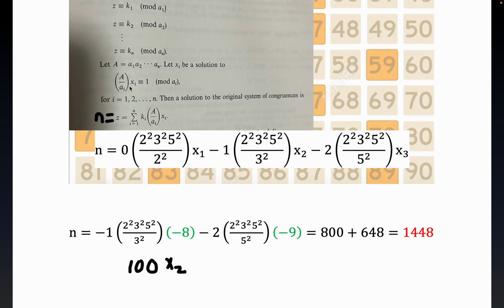Okay, you see, y'all, I'm looking directly at this object right here to find my x sub 2. We've already, 0 was this one, so it got wiped out, right? And so we're going to do 100 x sub 2 congruent to 1 mod 3 squared, and that's 9.